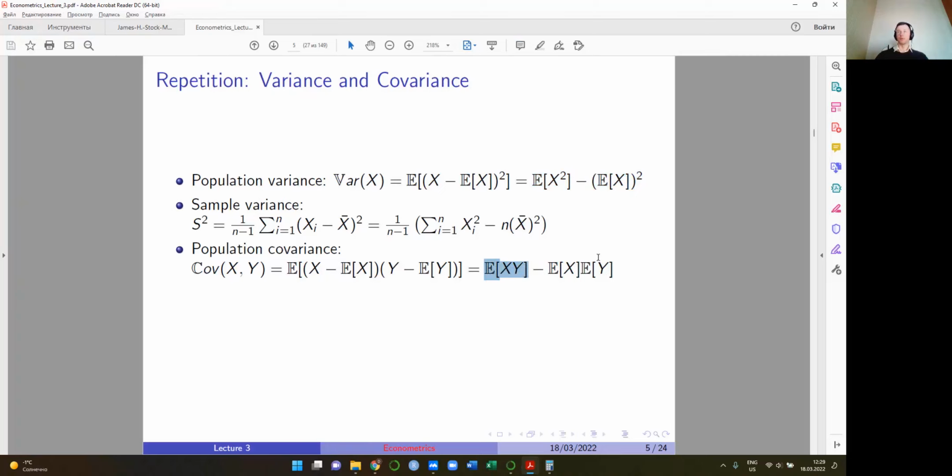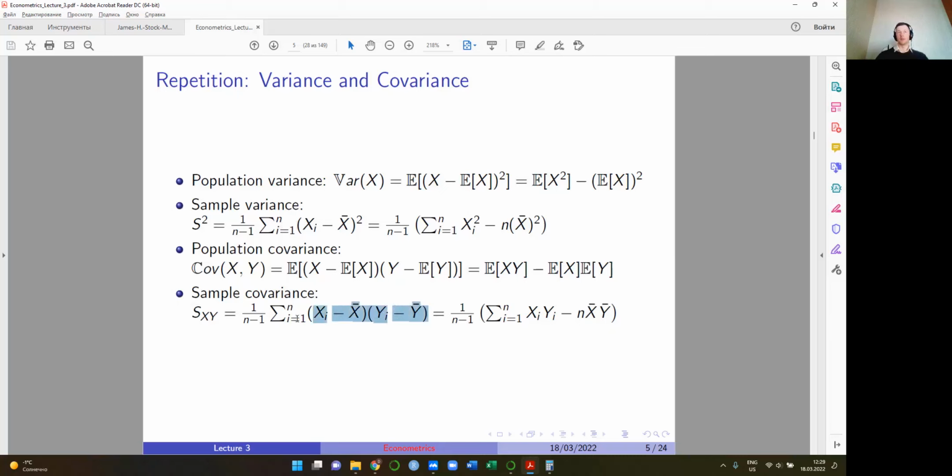And now we also want to transform this into the sample analog. So the sample covariance, we haven't discussed this in statistics, but it's fully similar to the sample variance. So sample covariance is this expression.